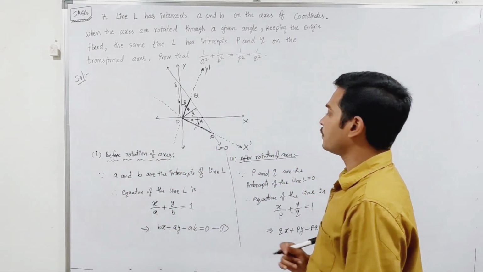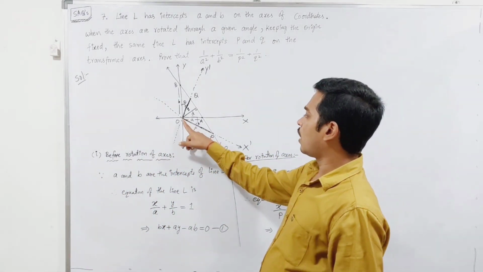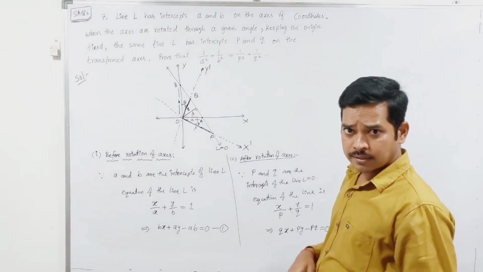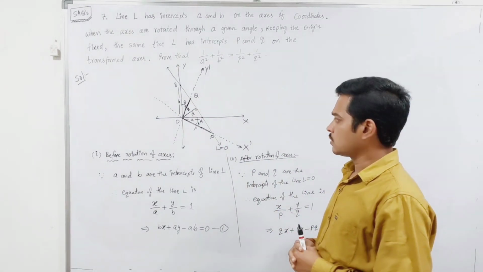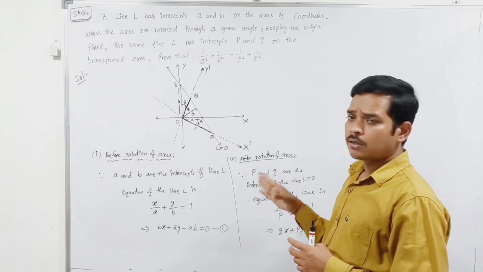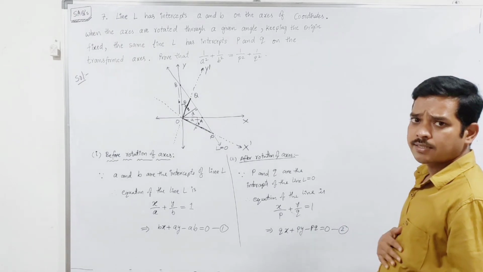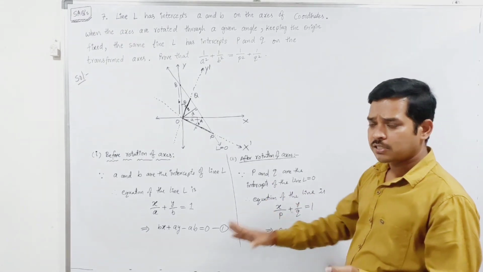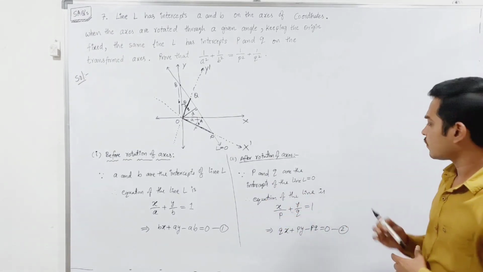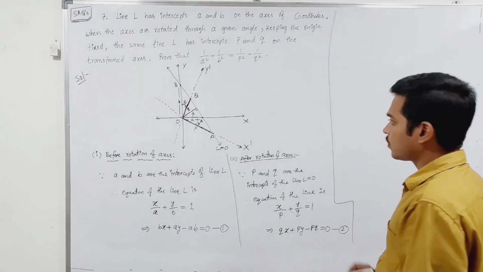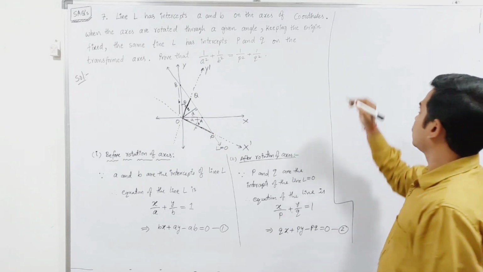What I am saying is, the position of the origin and the position of the line did not change before and after the rotation of the axis. So the distance between the origin and the line is also the same in the first case and in the second case. Therefore, find the distance from the origin to the straight line in the first case.